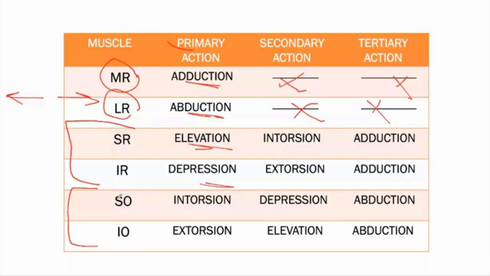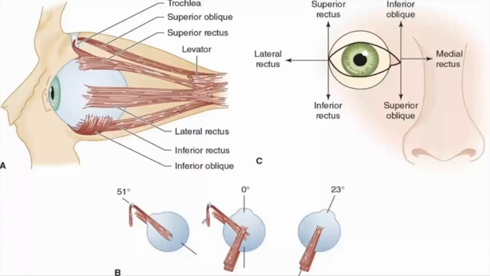For example, as I will show you here is the zero axis, and the superior rectus and the inferior rectus make an angle of 20-30 degrees with the center of rotation, while the superior oblique and inferior oblique make an angle of 51 degrees. And that's why the vertical muscles, when they contract, not only cause a vertical movement, but also cause a secondary action and tertiary action.